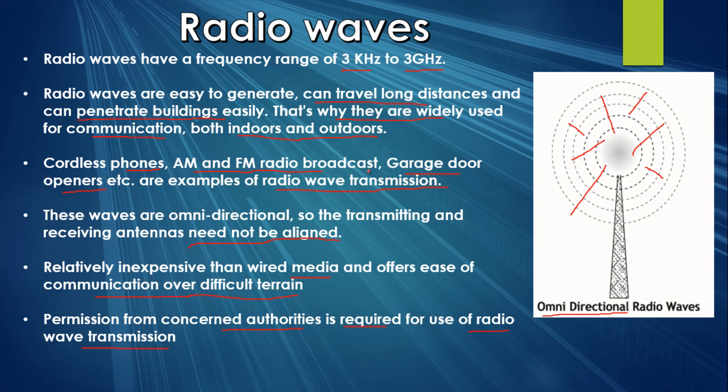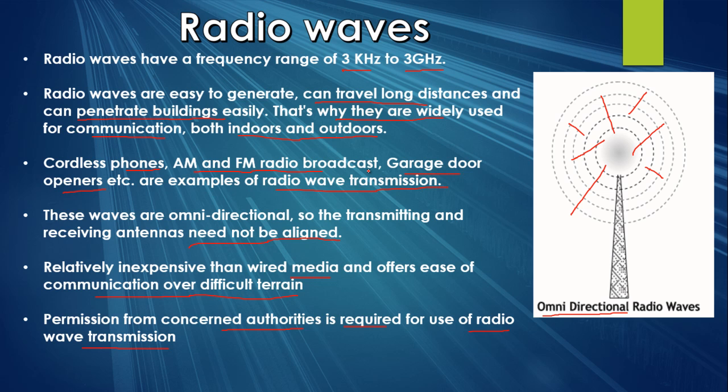So obviously it has to take a license, some permission from the communication authority. Only then can it conduct the communication using radio waves. Without the permission, without the license, it cannot do that. So that's why permission from the concerned authority is required for use of radio wave transmission, right? So I hope it is clear to you.